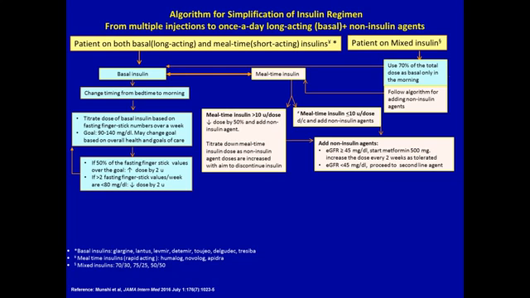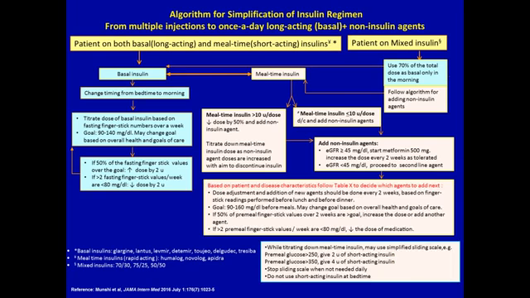If less than 45, then we should consider other second-line agents. If the mealtime insulin is more than 10 units per dose, then we should decrease the insulin by 50% and then add non-insulin agents and try to scale down the amount of insulin before meals.